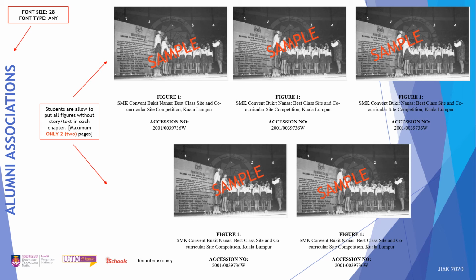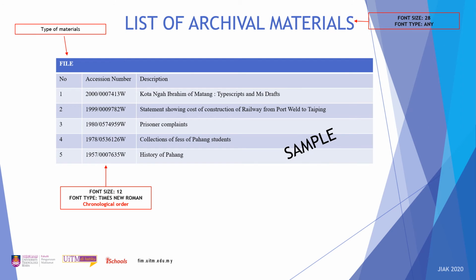Okay, next one. List of archival materials. The list of archival materials is the materials that you obtained from the online Finding Aids. Here is the example. If the material type is under file, you have to put it under file like this.